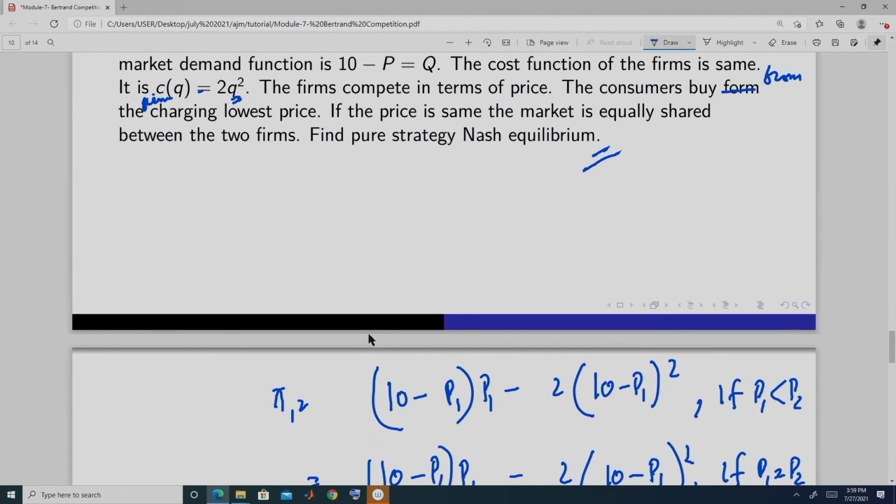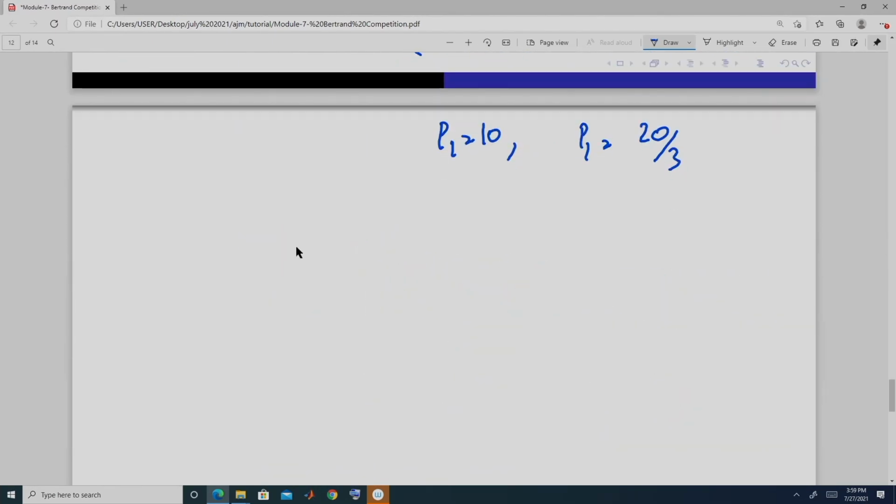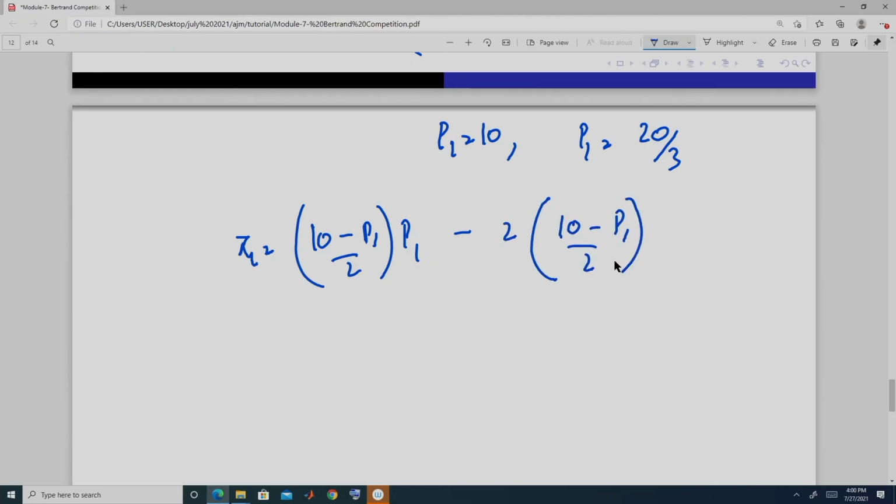Again we find out that this is equal to 0.